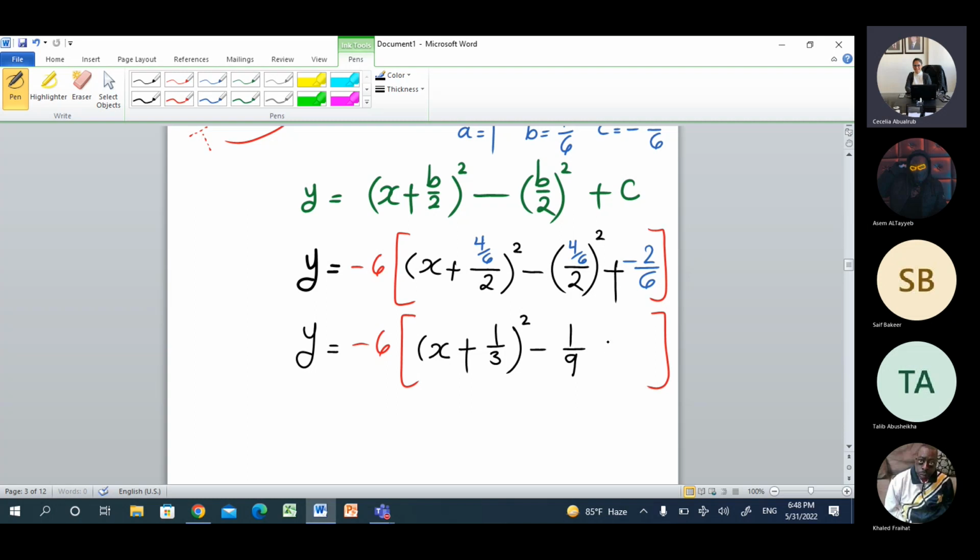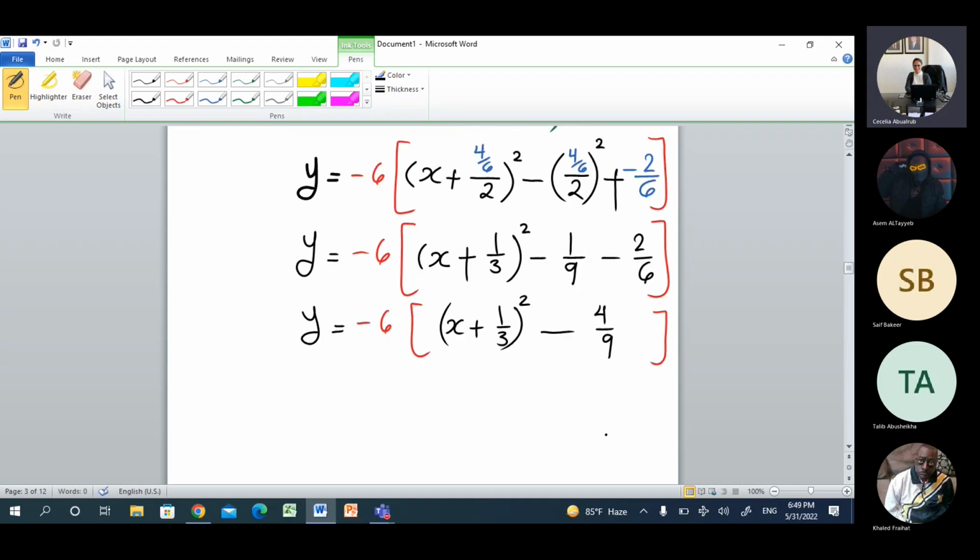And plus minus 2 over 6, it will be minus 2 over 6. Just simplify further. Y is equal to minus 6, open the squarish bracket, and here it will be x plus 1 over 3 squared, and then minus 1 over 9 and minus 2 over 6. It will come down to minus 4 over 9. Okay, now all what we need to do is to insert the negative 6 into the squarish bracket.